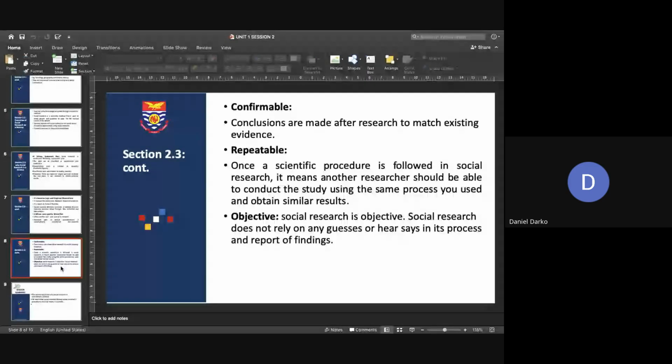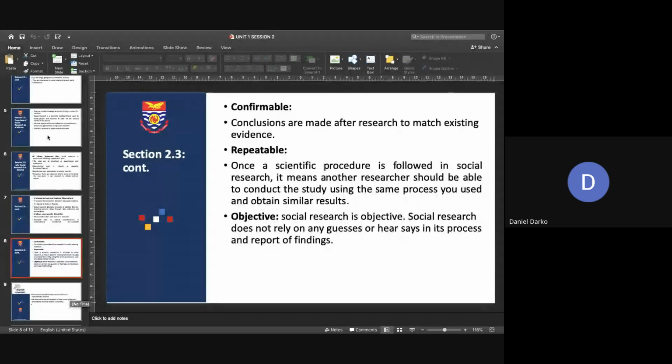Social research is objective. It does not rely on guesses or hearsay. We don't do that. We stick to the facts. It is this way, not it looks like that way.